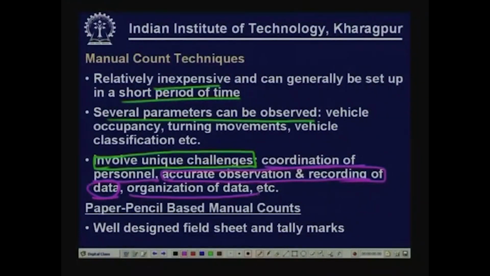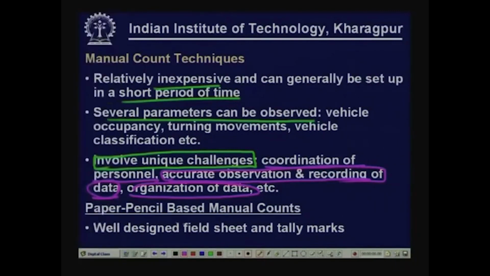So, this is a manual process. You have to make sure that they are serious and that the recording of data is correct; accuracy of observation and recording are very important. Then also organization of the data. These are some of the unique challenges involved in manual count techniques.